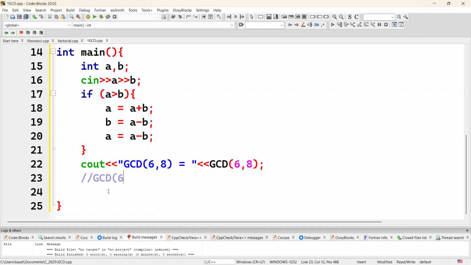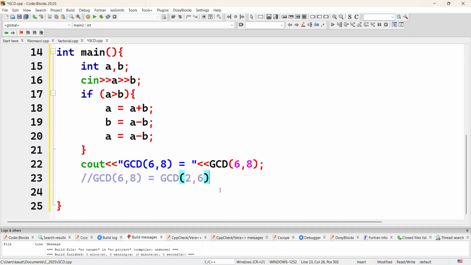So GCD of 6 comma 8, you will take the mod of the larger number with the smaller number, right? So this will result in the call GCD of 6, 8 mod 6, which is 2, and 6 will remain as it is.